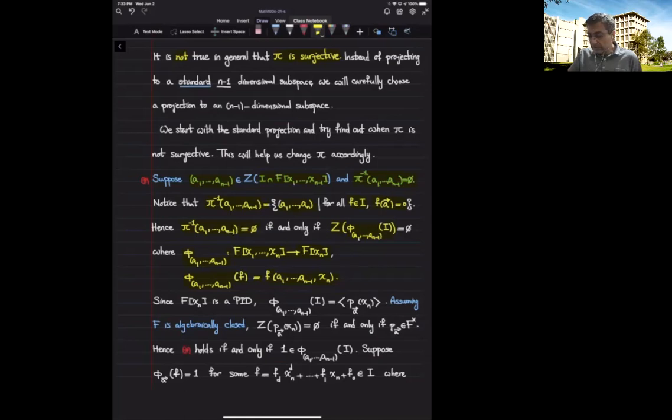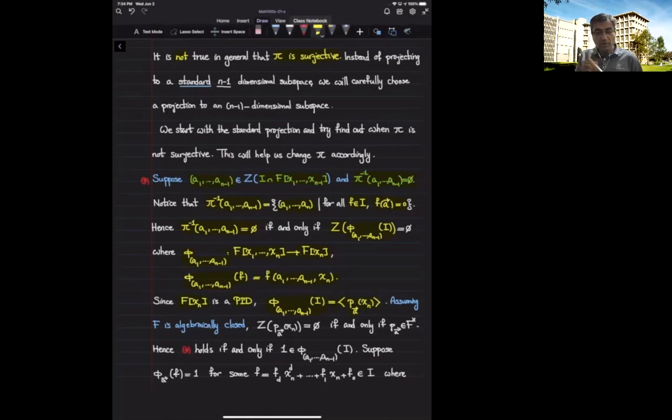we deduce that these single variable polynomials do not have common zeros in F. Okay, so that's our assumption. But remember, the ring of single variable polynomials with coefficients inside a field is a PID. Therefore, this ideal is a principal ideal. Of course, the generator depends on the vector a that we have chosen, but it is definitely some principal ideal.